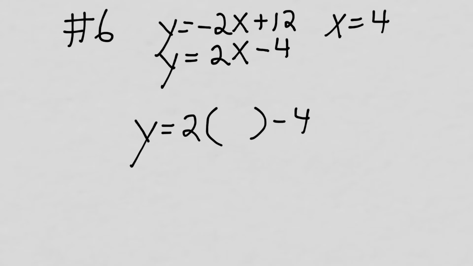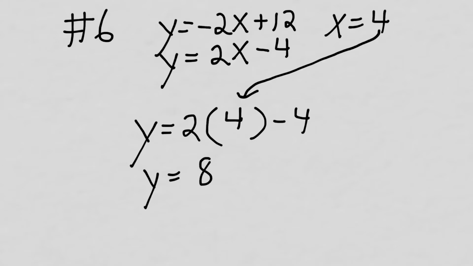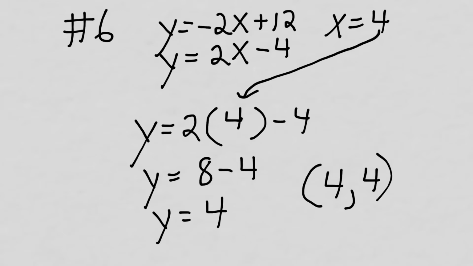Now I'm going to substitute the 4 in for the x here. I get y equals 2 times 4, which is 8, minus 4, y equals 4. So the answer to this is x equals 4, y equals 4. I can also write it like this, and you're done.